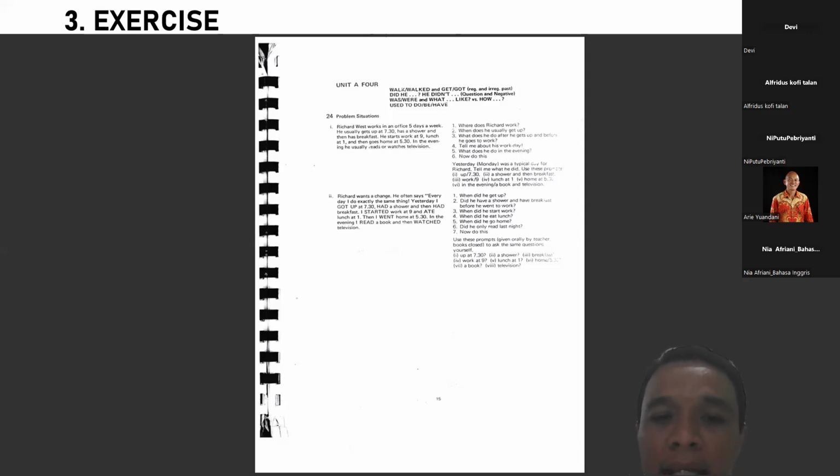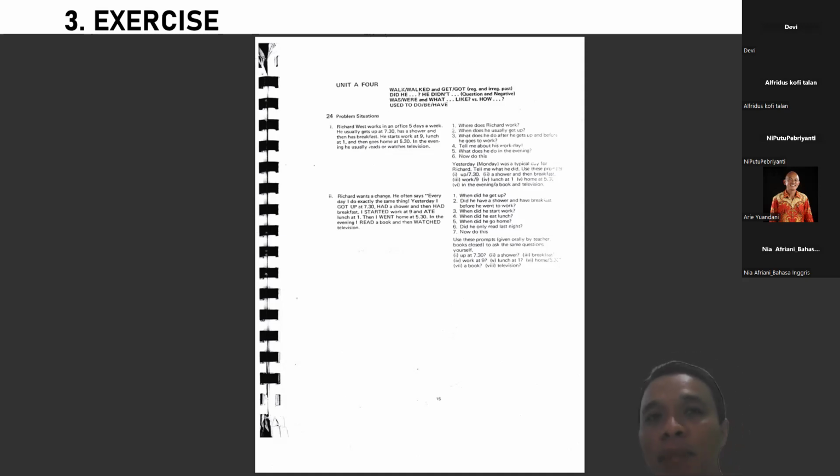And then in the evening, a book and television. In the evening he usually read or watched television.